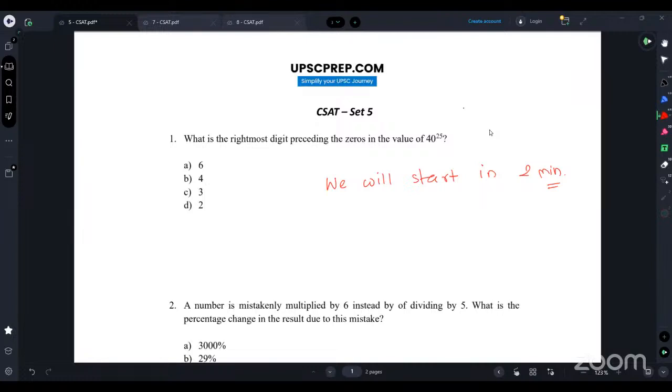So we'll start from set 5. Just let me know, guys, what doubts you have in set 5. If you are able to see my screen, I have just opened CSAT set 5 in front of you. Just let me know in which questions you are having doubts in this set 5.